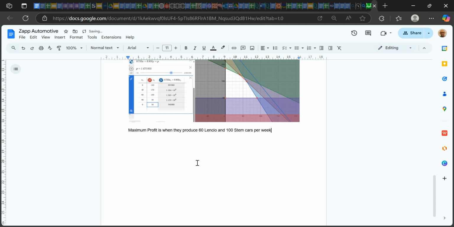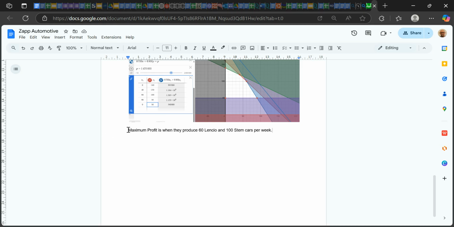Okay, wonderful. So we ended up with, we've done the calculations, we've got a table of values, yes, and we also have at the nodes, the profit at the nodes, yes.